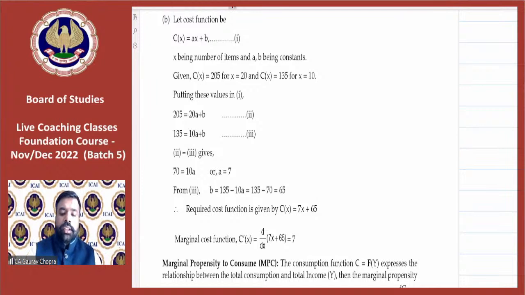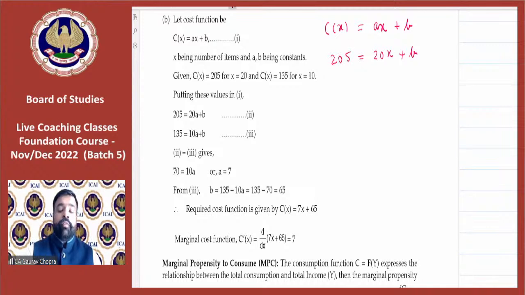So here, simply what we can do, we can assume the cost function as ax plus b. Since some values are fixed and some are variable, the variable is always multiplied with x and the fixed part always remains constant. Now, if we input the values, when output is 20, we can write 20a plus b, where b is always a constant, that is fixed cost.